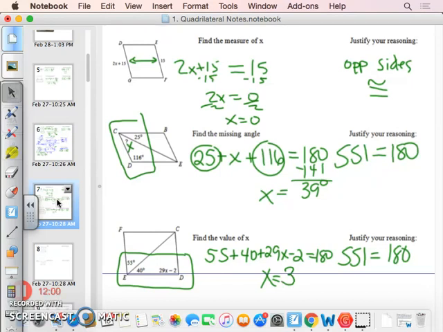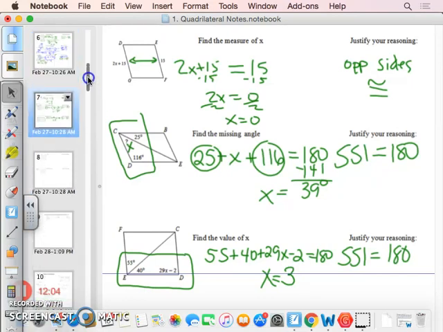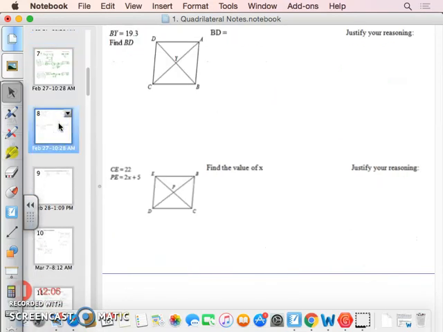All right, now let's look at some bisector problems, and then you'll get a chance to practice on your own. All right, if I said that these bisect each other, by, which is right here, is 19.3, well, I can say that this part right here is also going to be 19.3 because diagonals bisect each other, and the word bisect means to cut in half.